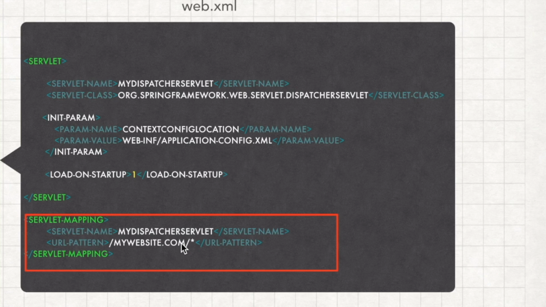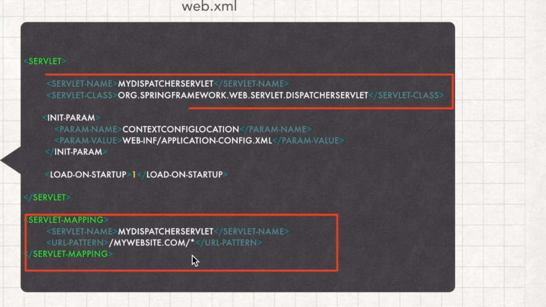Our Tomcat is going to read this web.xml file. Whenever Tomcat gets an incoming request starting from mywebsite.com, it is going to send that request to the necessary servlet which has been configured right here. For my case, it is a dispatcher servlet, or we can configure any normal servlet.